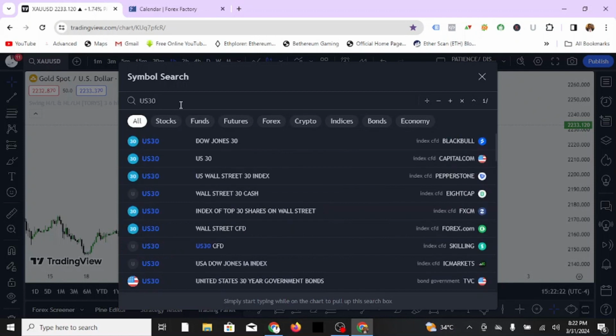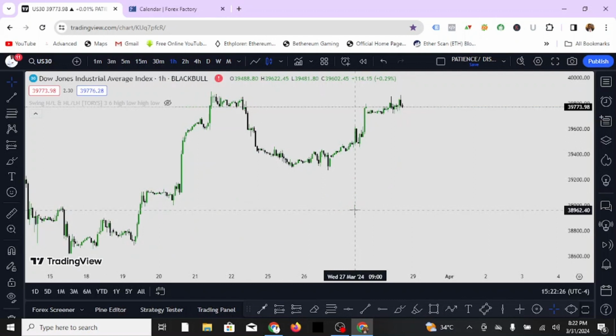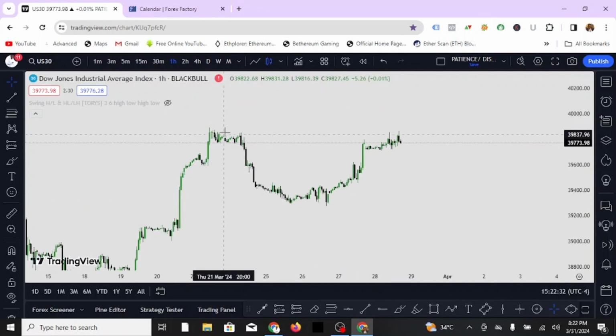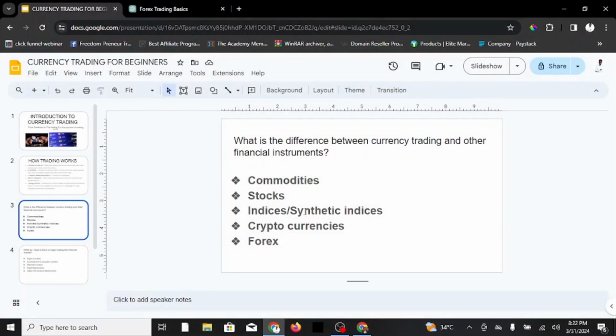US 30 is a group of stocks of about 30 companies, I think, that are well to do in the United States. And the performance of this particular index is also used to say how healthy or how unwell the US economy is.